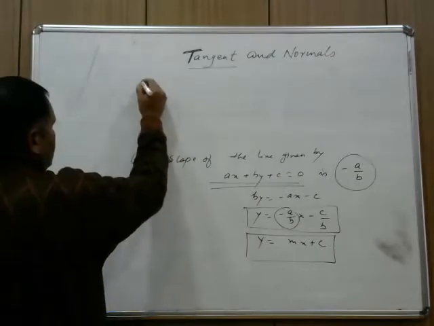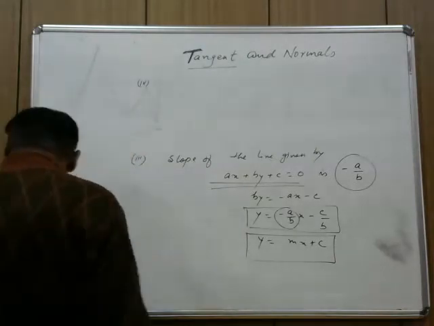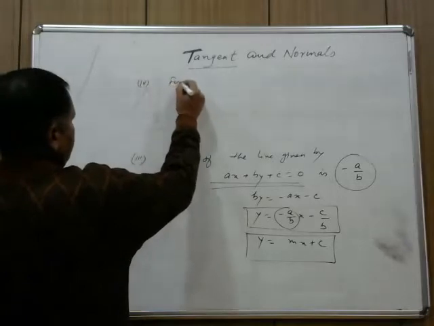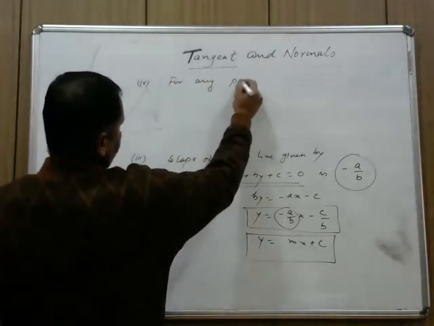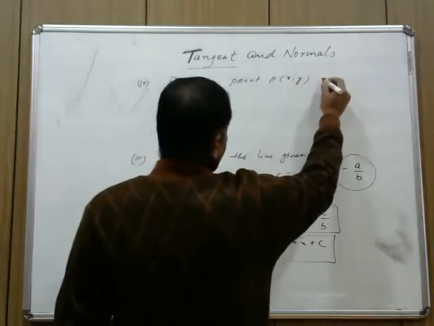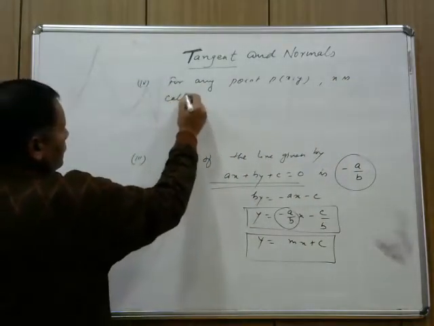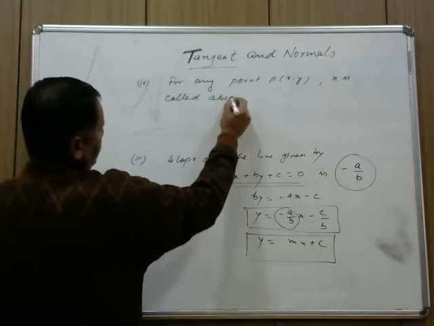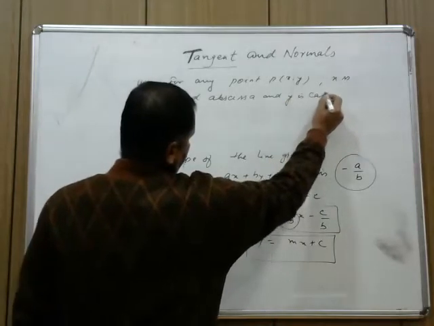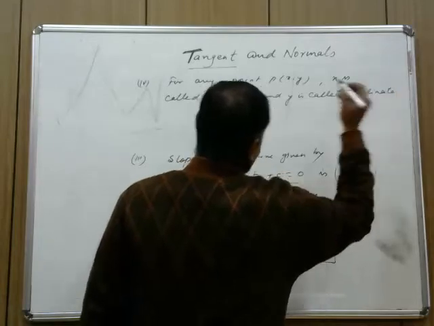Fourth, for any point P (x, y), x is called abscissa and y is called ordinate, right?